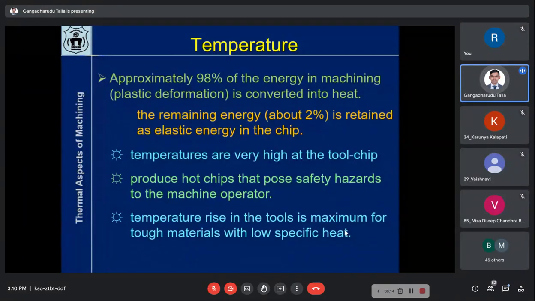Tough material means it can absorb energy without deforming, and for specific heat, to increase the temperature of that cutting tool material, you need a high amount of heat. So in other words, the cutting tool is not thermally conductive, indirectly. In such a case, temperature rise will be very high.